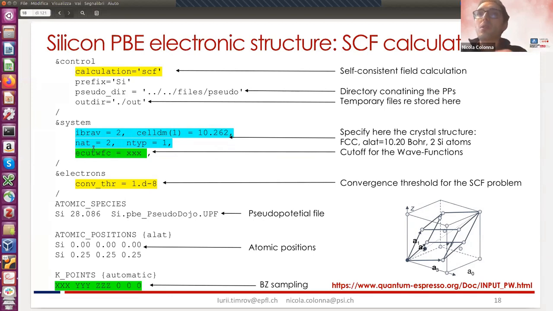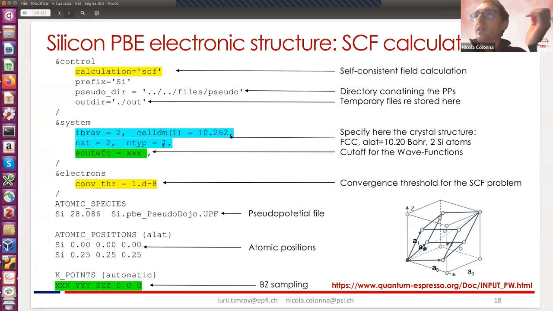And then we need to specify how many atoms you have in the unit cell. And as I was saying, you have 2 silicon atoms. So you say we have 2 atoms, and you specify that they are all of the same kind. So here we have all silicon. So the type of atom is always the same, and it's only 1.